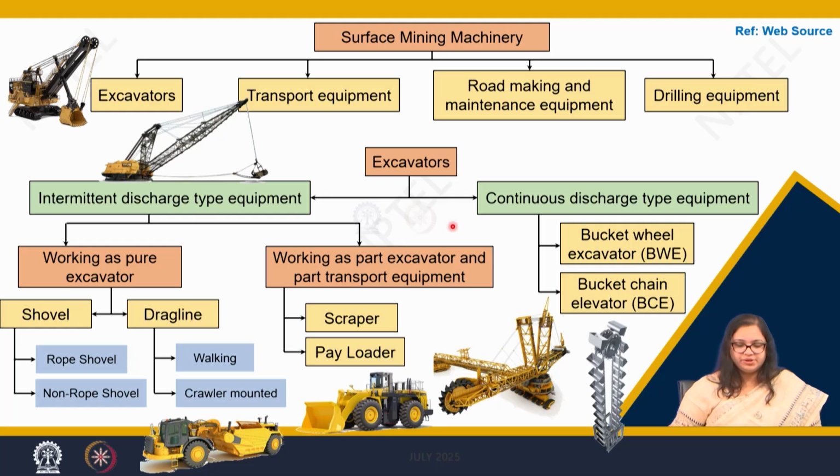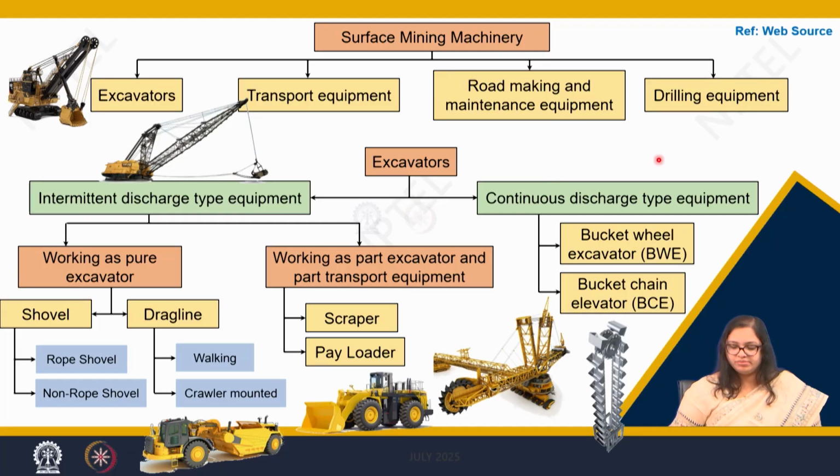What is the difference between these two? When the intermittent discharge type excavator excavates the material, it does not do the excavation continuously. It digs into the ore body and then takes some time to dump it onto another equipment or machinery.